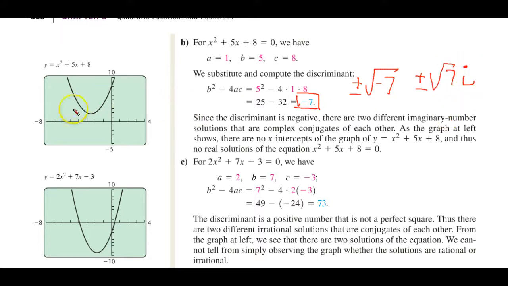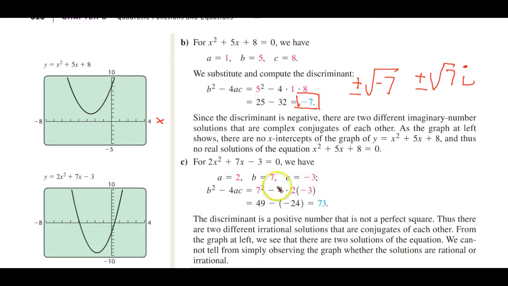Now, in this case, you're not going to get any real number solutions. That is, your parabola does not extend down onto the x-axis. This is very typical of what imaginary solutions would be like. These are numbers, all right. They're just not real numbers.